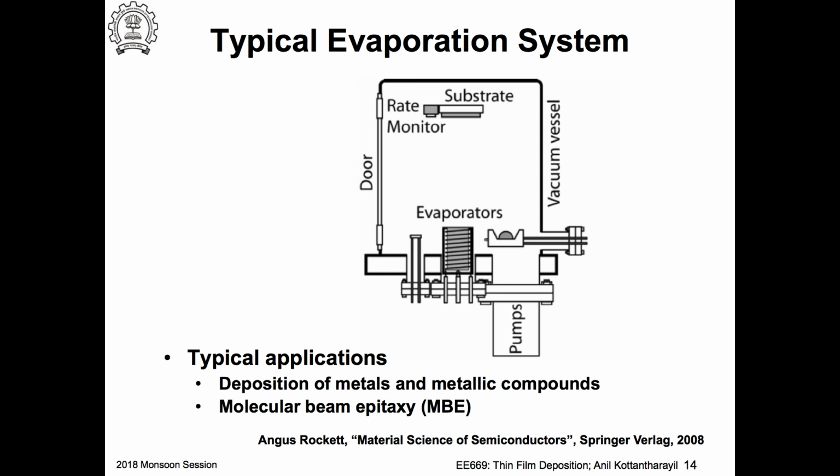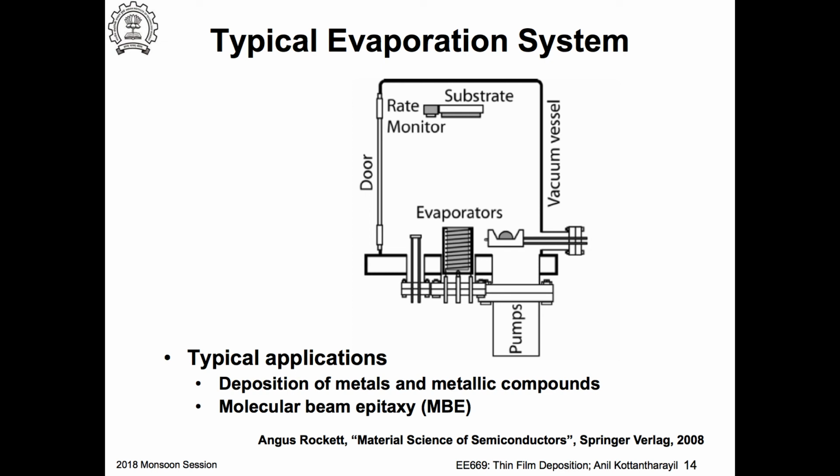You have a vacuum chamber, and you have pumps to actually create the vacuum. It can be single stage, double stage, depending on the vacuum requirements. And then you have the sources, different types of sources, and this is your substrate.